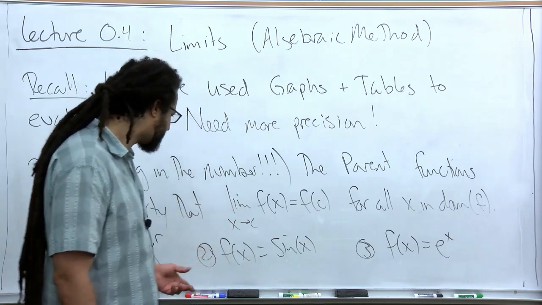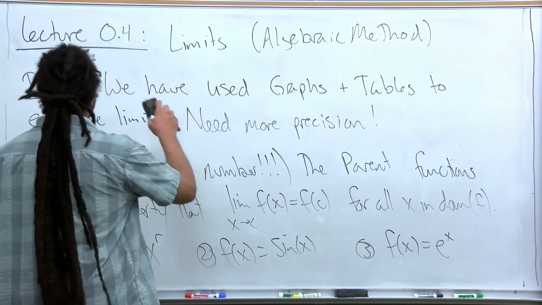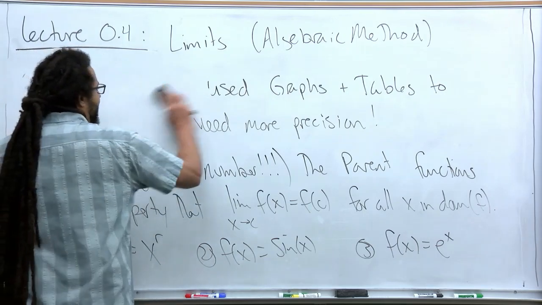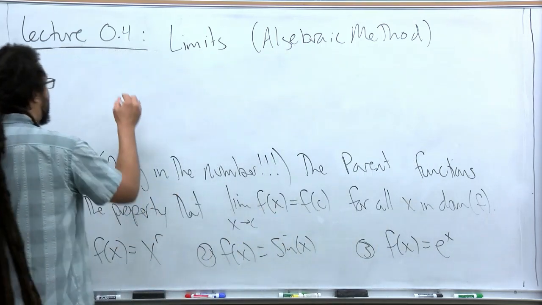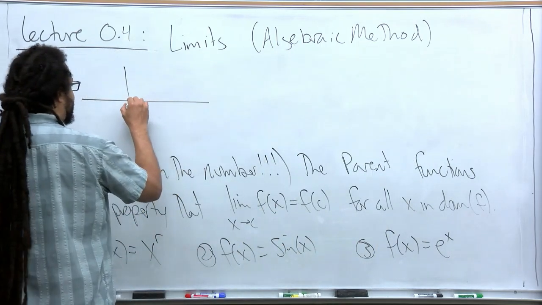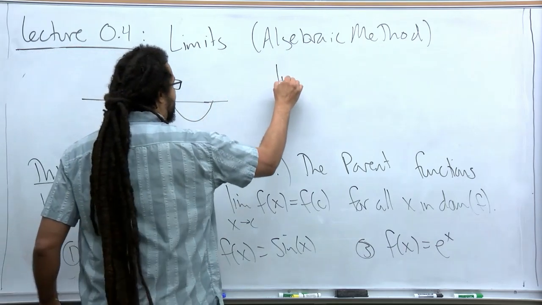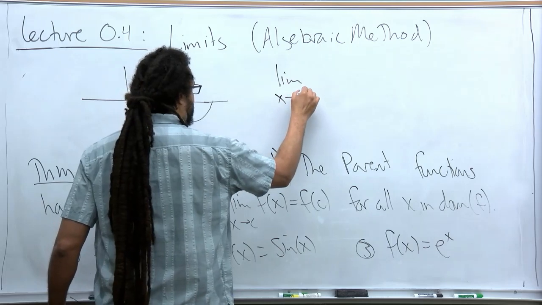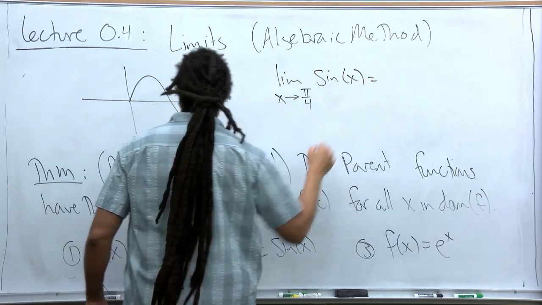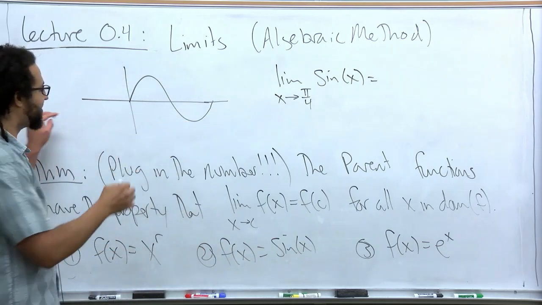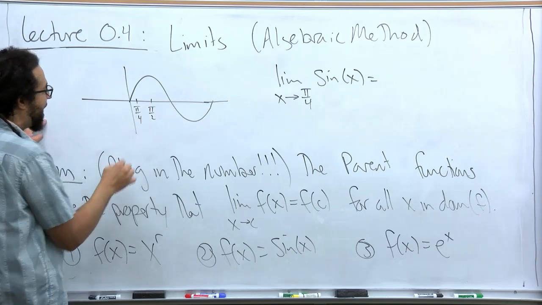So anyway, you can just see by drawing a graph of sine of x, for example, what the limit will be. So if I've got the function y equals sine of x. Right, so here's the function sine of x, and here's pi over 2, and let's say right here is pi over 4.